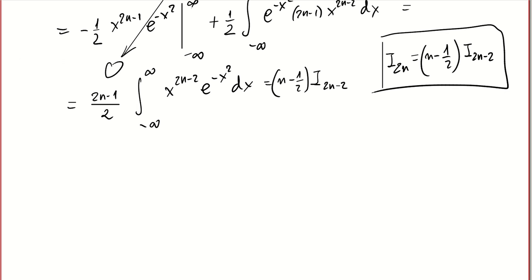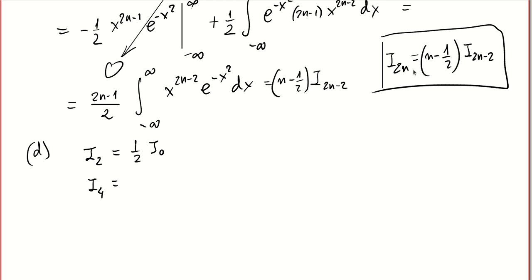Okay, now we can apply, and that is the last question, we can apply this over and over to calculate integrals. So for instance, if we want I_2, n is equal to 1. So 1 minus 1/2 is 1/2, so we have 1/2 I_0. If we have I_4, that would be n equal to 2.